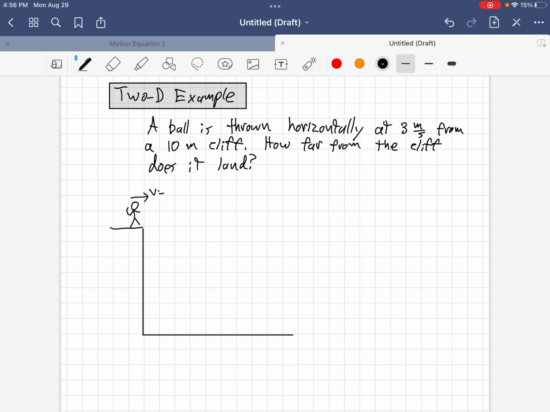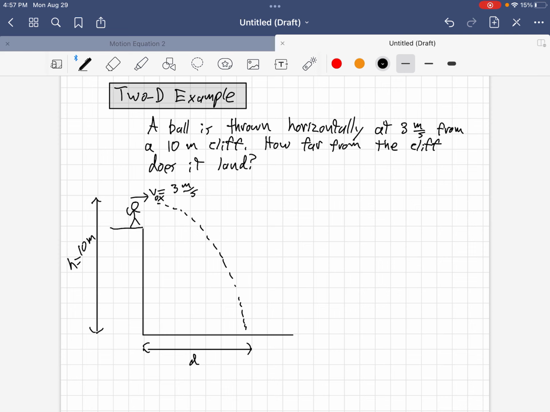And we'll say V naught X is 3 meters per second. And then we'll go ahead and label this. We'll label this height plus the guy H equals 10 meters. All right, and so what we want to know is how far does it travel? What's this distance d, right? And we can sketch out, maybe it's going to look something like this.